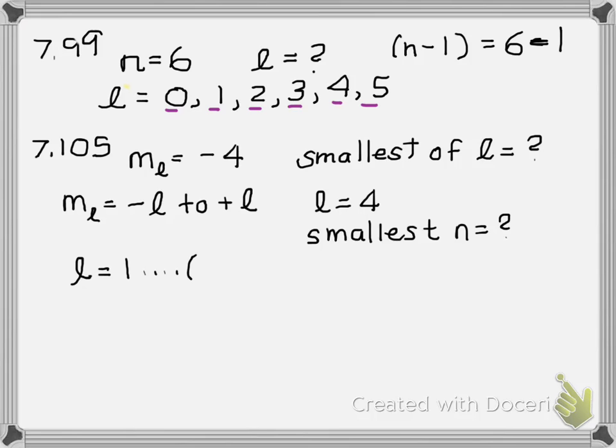I'm confusing my n's and l's, sorry. l starts at 0, and it goes all the way to n minus 1. Okay, so if we want the smallest n, we would stop at n minus 1. So if n minus 1 is 4, because my l is 4, then the smallest value of n would be a 5.